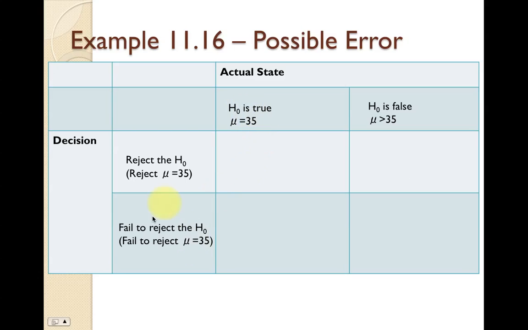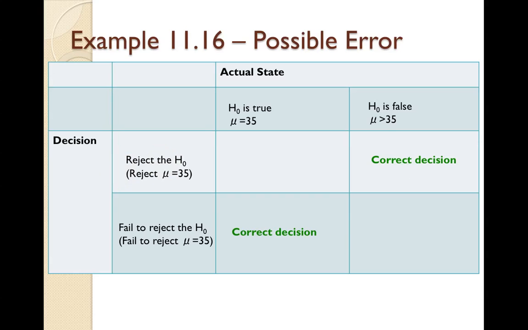When the null hypothesis is true, and you fail to reject it, which means you have not rejected it, you've made the right decision. If the null hypothesis is false, it's wrong, but you rejected it, you've made the right decision.